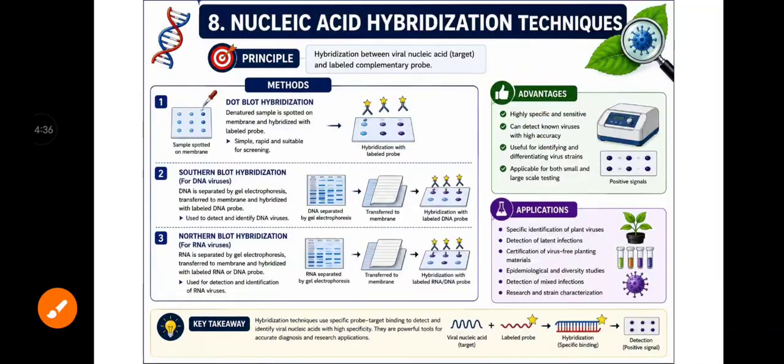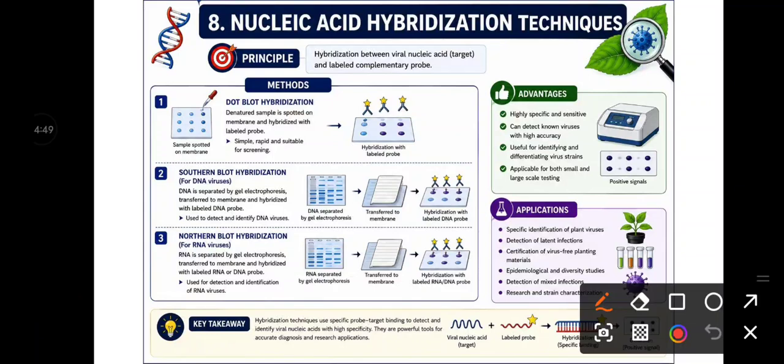Okay, next about the nucleic acid-based hybridization techniques. Hybridization means complementary sequences will be hybridized. So this method includes the dot blot technique. Dot blot means on a membrane, first the nucleic acid extracted from the virus will be spotted over the membrane, and then our labeled probe, whose sequence we already know, will be hybridized.